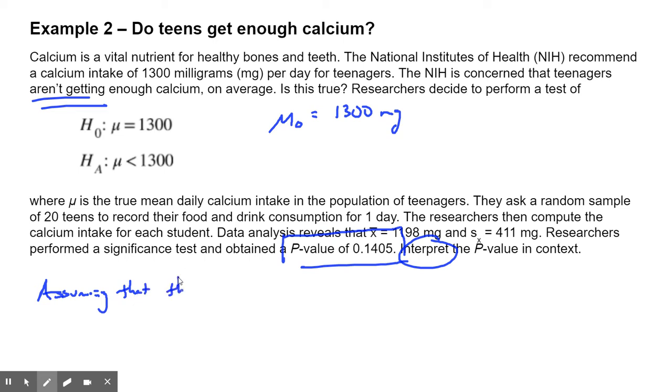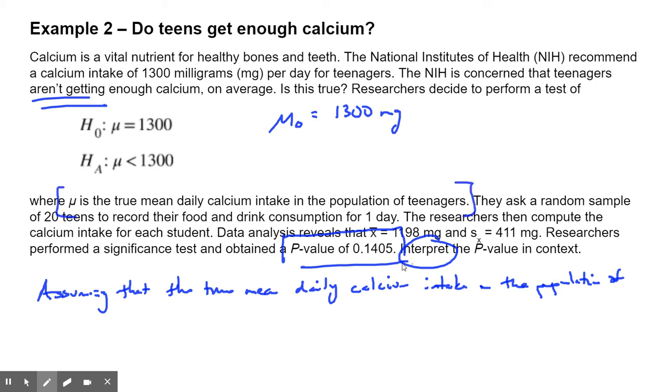So the first thing we do is we talk about the null value being true, assuming that the true mean daily calcium intake in the population of teenagers, and I'm just using right here where it defined it, is 1,300 milligrams.